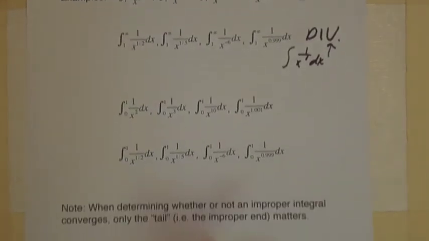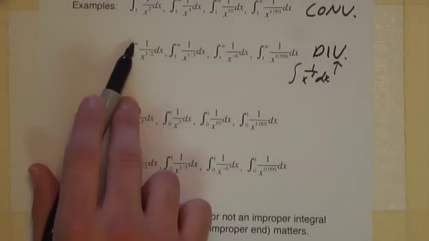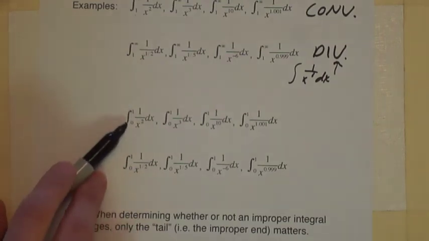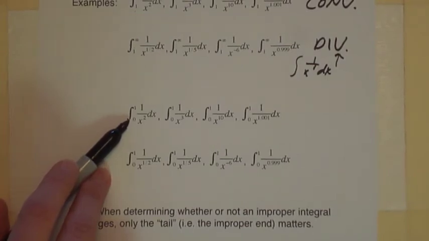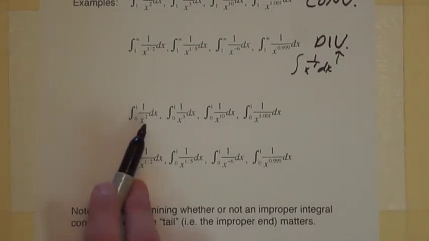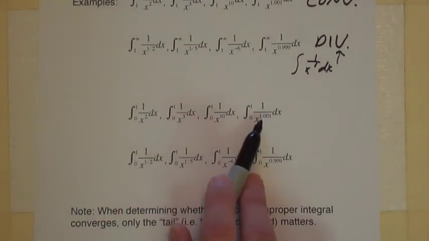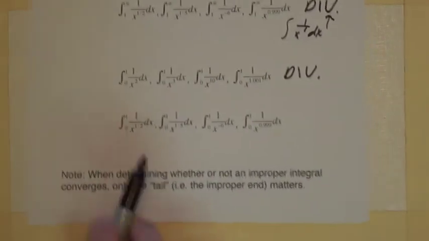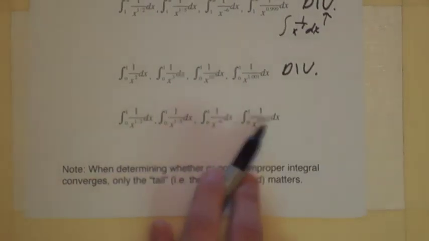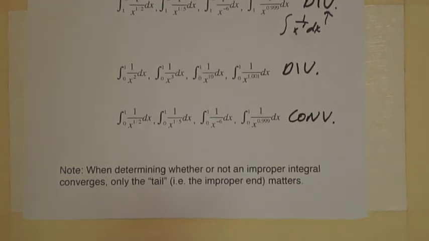Now, what about the other version, the type 2 version, where instead of going off to infinity on the right, we are concerned about the vertical asymptote of these functions at x equals 0? Well, then the exact reverse happens. The x squareds, x cubes, x to the 10th, x to the 1.001, these all diverge, and the exponents that are less than 1 converge in that case.